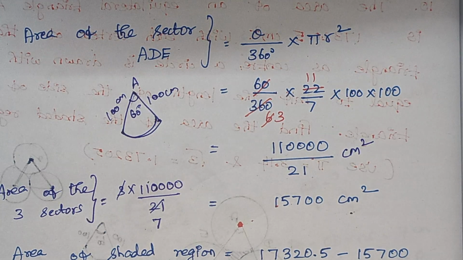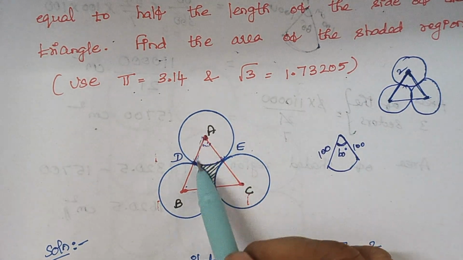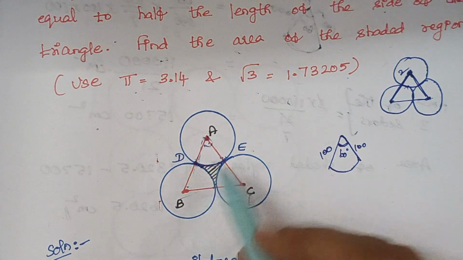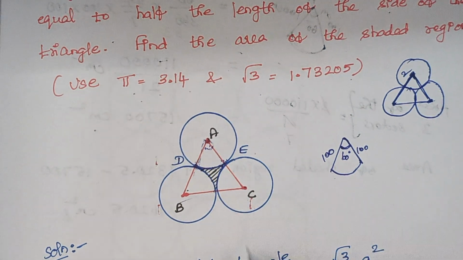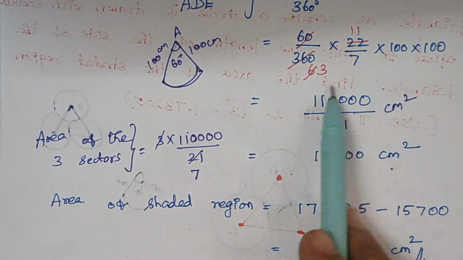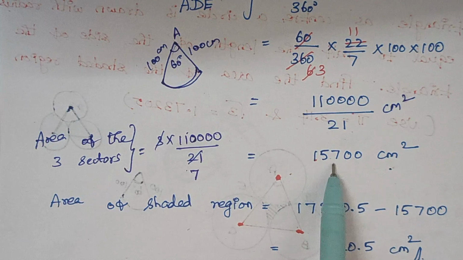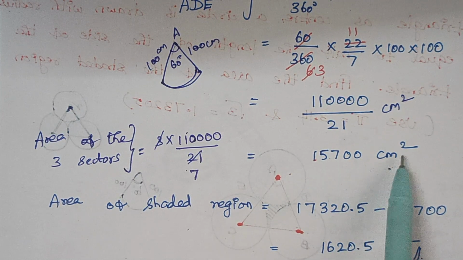When you look back at the problem, how many sectors do we have? This is one sector, this is one sector, and this is another sector. So totally I have 3 sectors here, and we have to multiply the value by 3. When you multiply by 3, I get the answer as 15700 centimeter square.